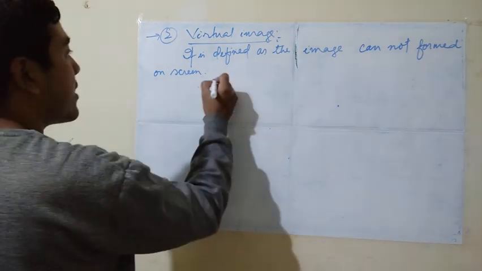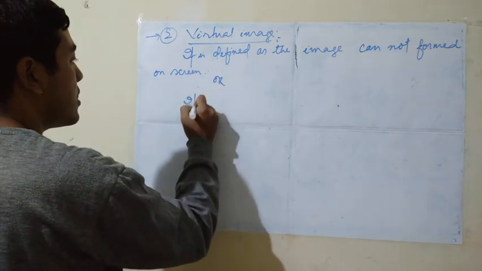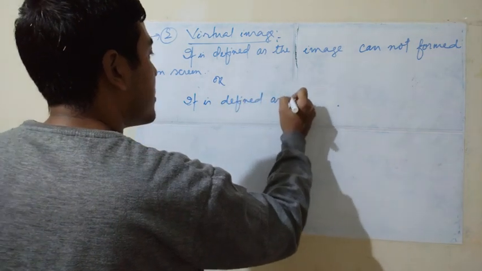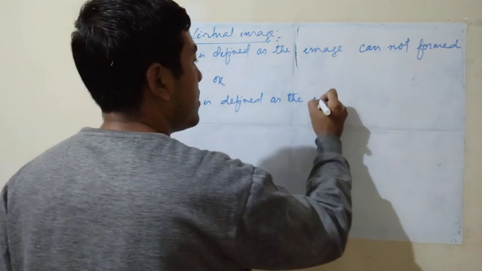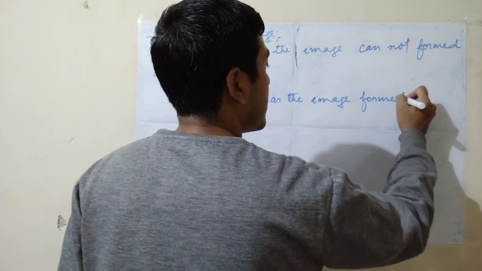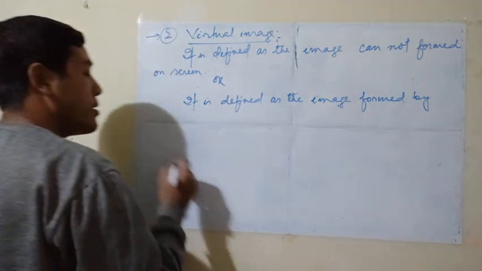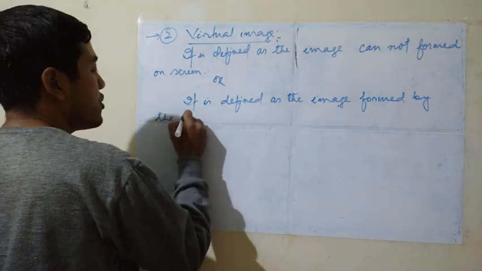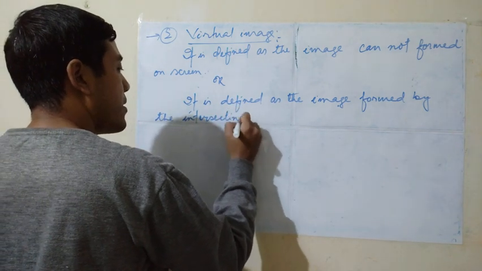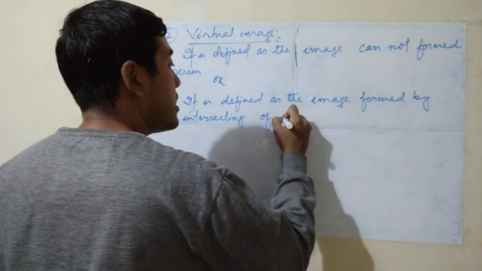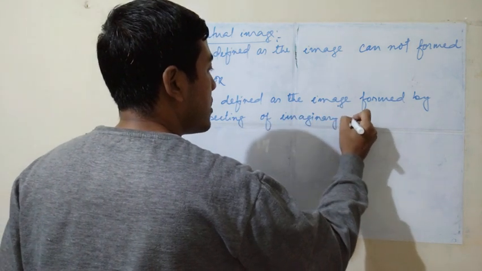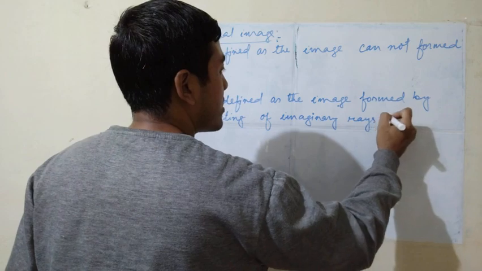Or you can write another definition as, it is defined as the image formed by the intersecting of imaginary rays of light.